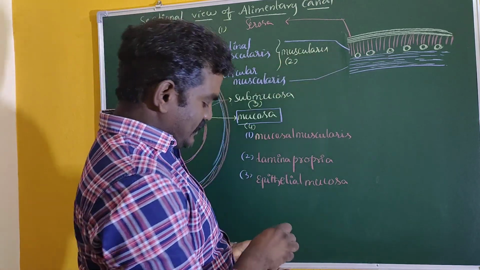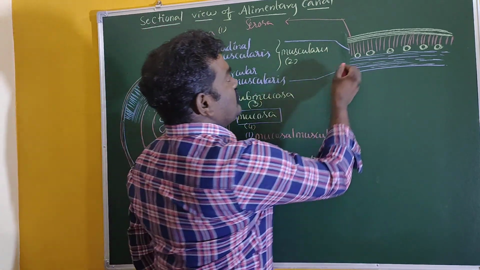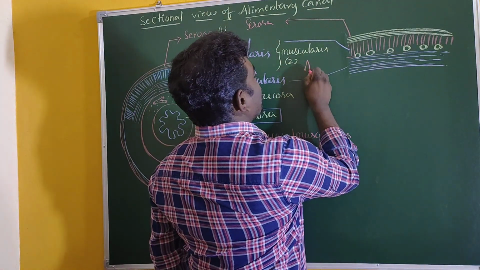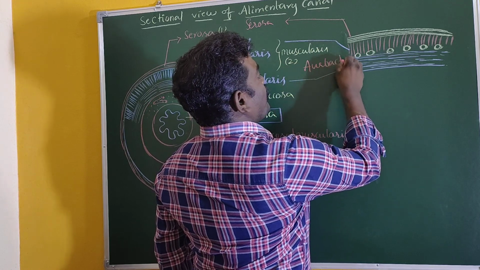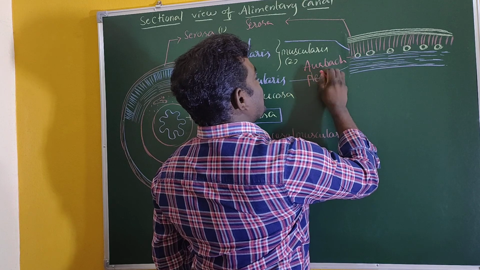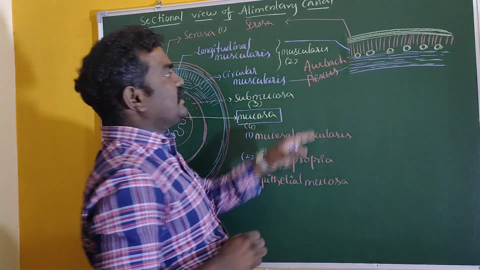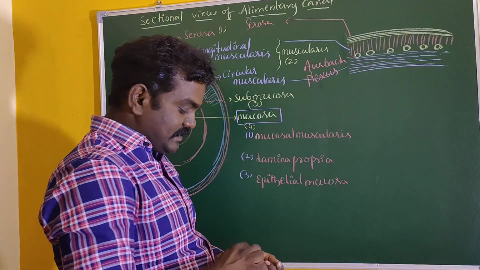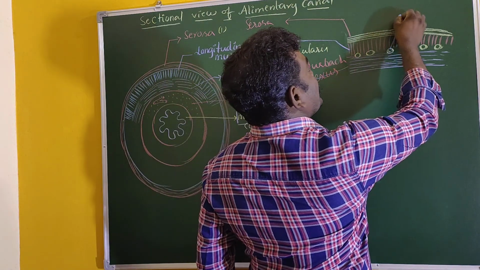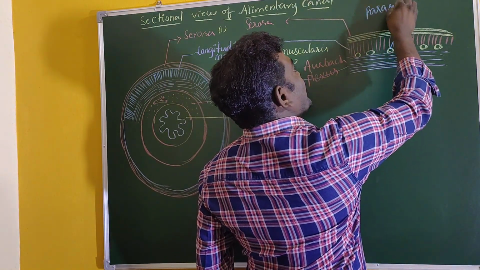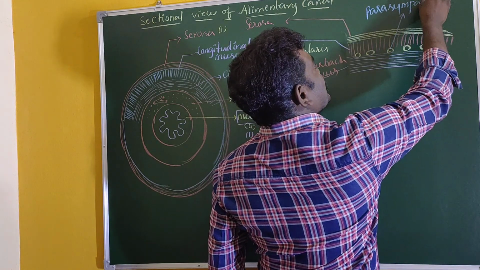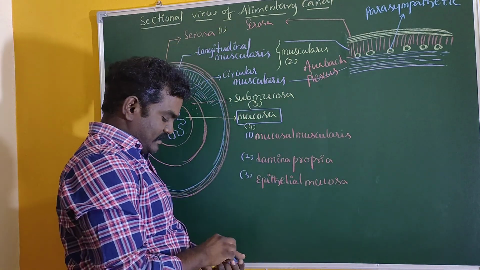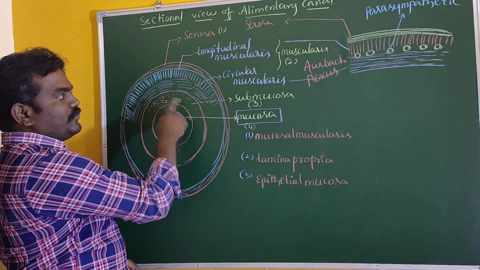Between these 2 muscularis we find Auerbach's plexus. Auerbach's plexus controls the peristalsis movement of the gut wall, and these plexuses are related to the parasympathetic system.